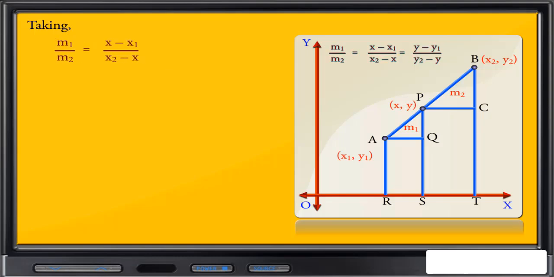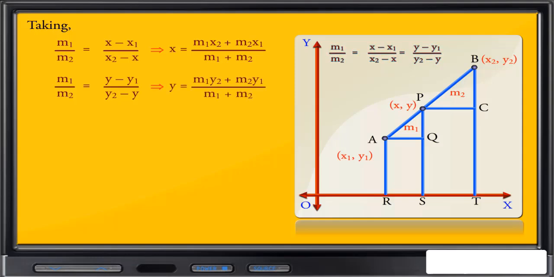Taking m1 upon m2 is equal to x minus x1 upon x2 minus x, we get x is equal to m1 into x2 plus m2 into x1 upon m1 plus m2. Similarly, taking m1 upon m2 is equal to y minus y1 upon y2 minus y, we get y is equal to m1 into y2 plus m2 into y1 upon m1 plus m2.